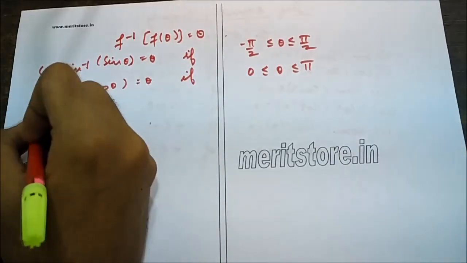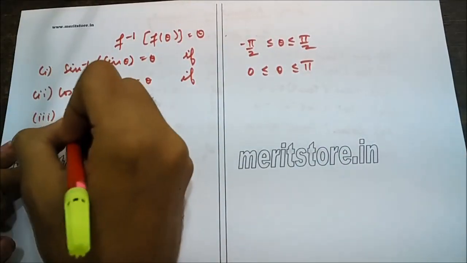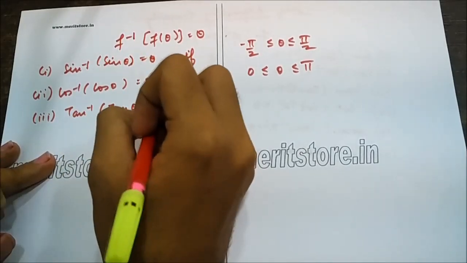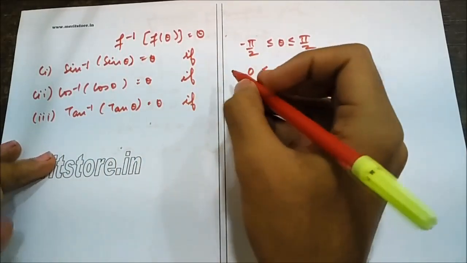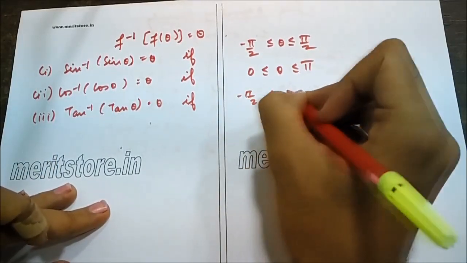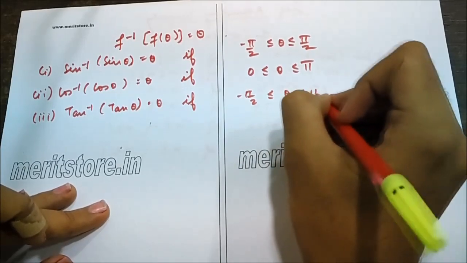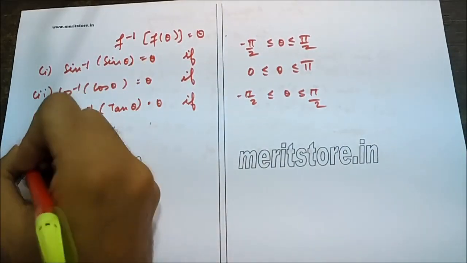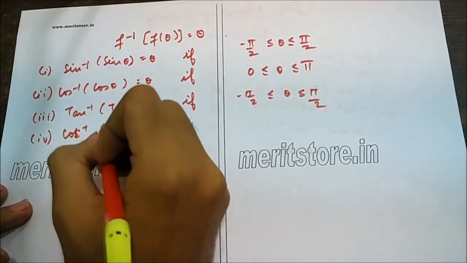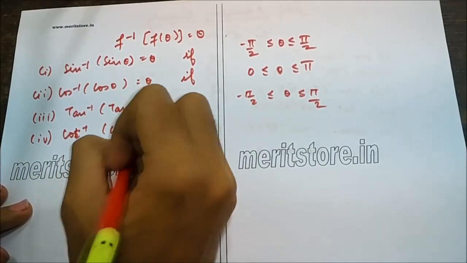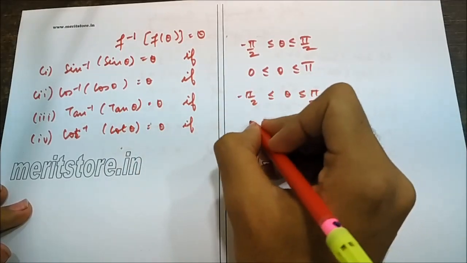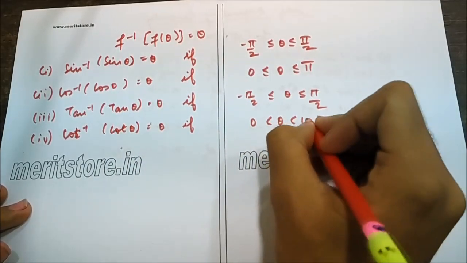The third is tan inverse tan theta is equal to theta if theta ranges from minus pi by 2 till pi by 2. The fourth is cot inverse cot theta is equal to theta if theta ranges from 0 till pi.